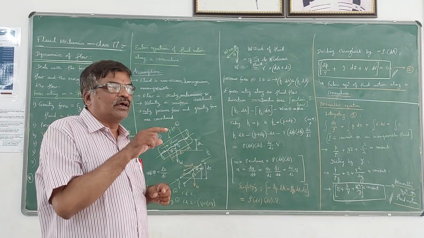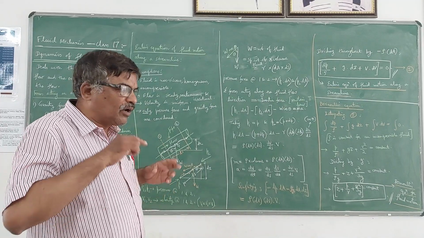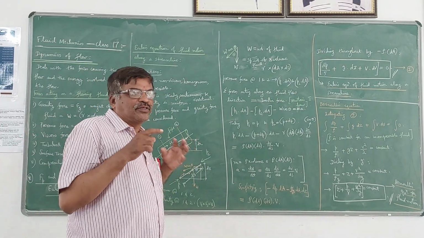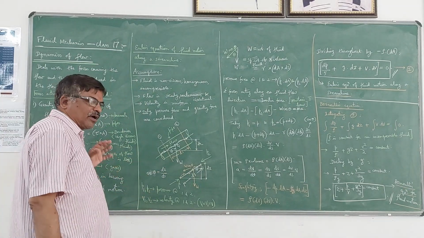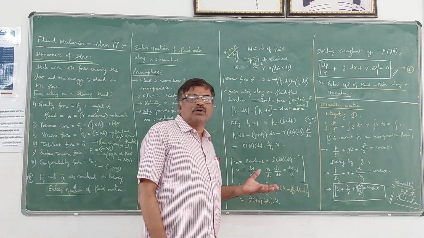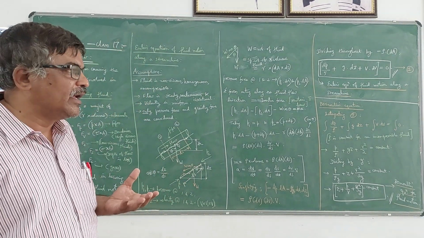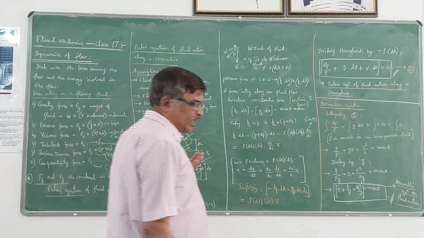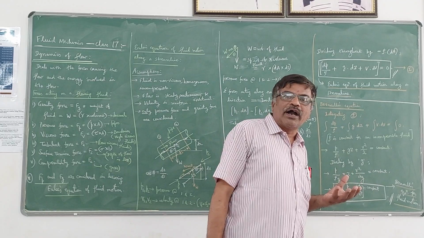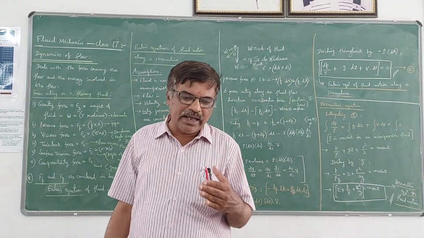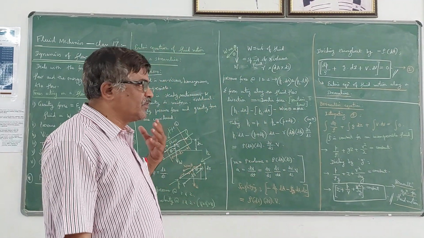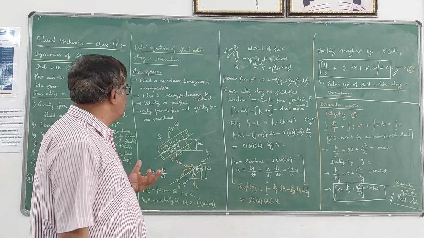Along that streamline, how the flow takes place and what are the different forces acting on that streamline, that we have to consider, and then by applying Newton's second law of motion, that is F is equal to m into a, where F is the resultant force acting in the direction of flow, and m is the mass of the fluid, and a is the acceleration of that fluid which is in motion.